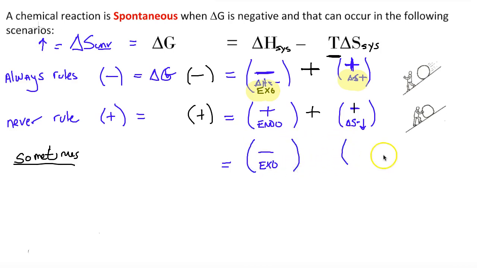And then the unfavorable quantity is that delta S will be negative, and we're going to put a negative sign there. So let's think about a condition where we release energy and our system is getting more ordered and structured. What is exothermic, yet we're getting more order and structure?